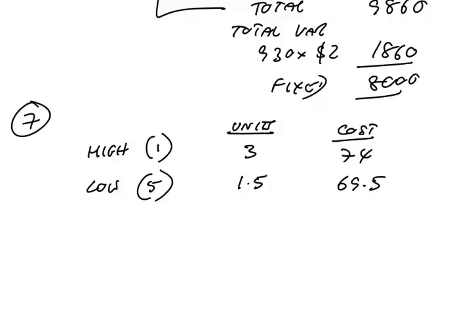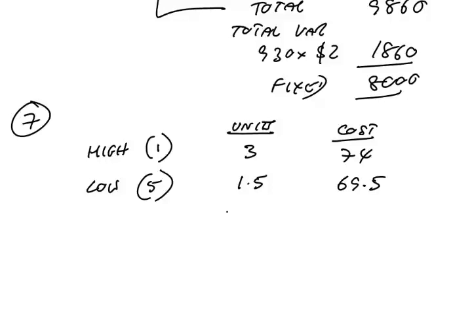But for high-low, it's always on the level of activity, the number of units produced. So if anybody did high-low based on cost, you'd get one of the other answers. But make sure you are clear. It's always based on activity, production, the high-low.